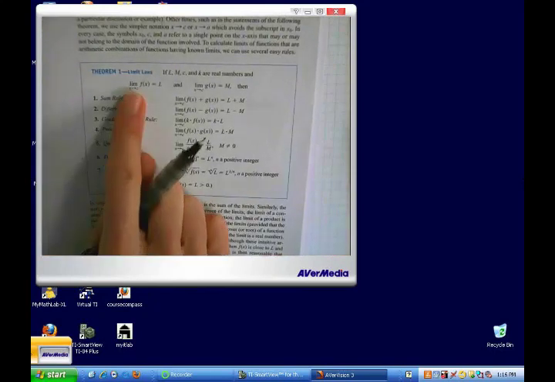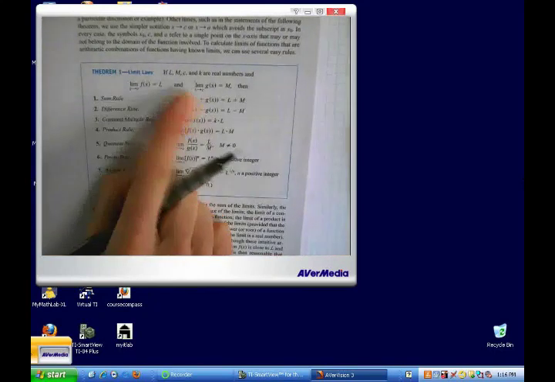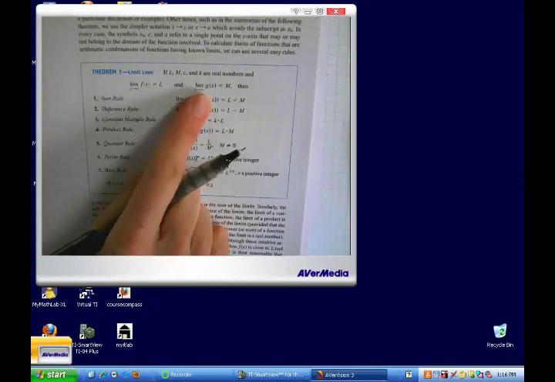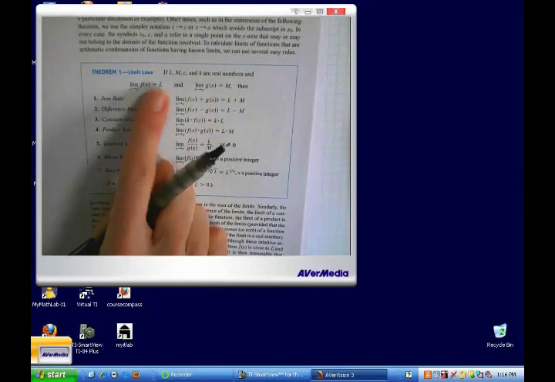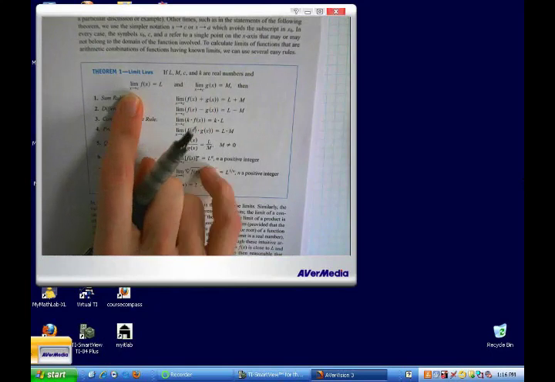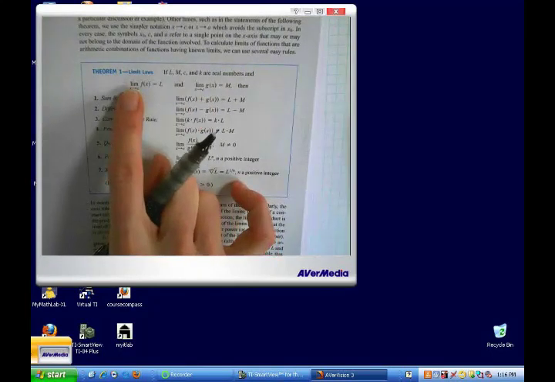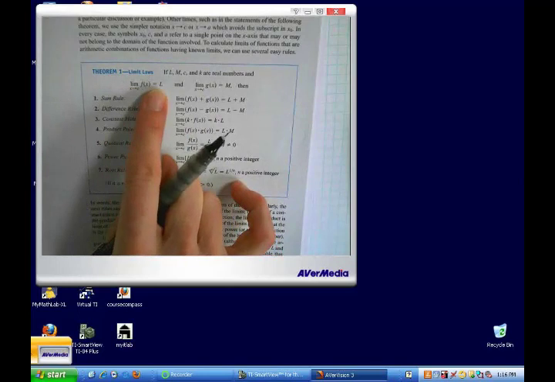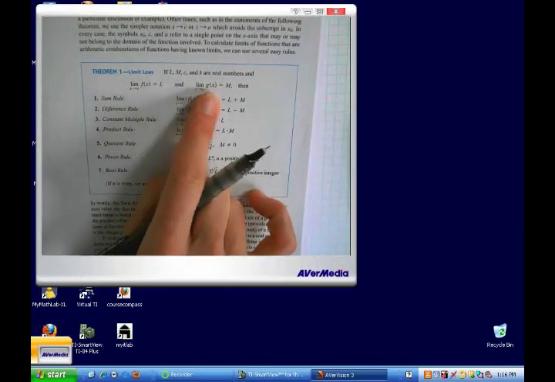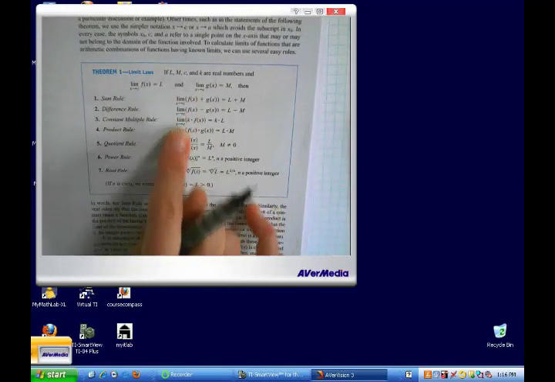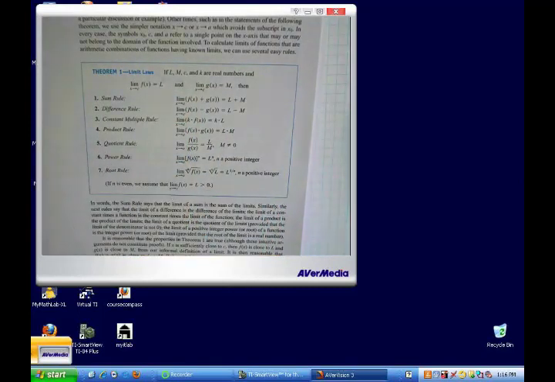It says you have two graphs here, an f of x graph and a g of x graph. If you're looking at when the x value is approaching c on both of these graphs, if the height of your f graph is L when x is c, and the height of the g graph is M when x is c, then you come up with all these lovely results.